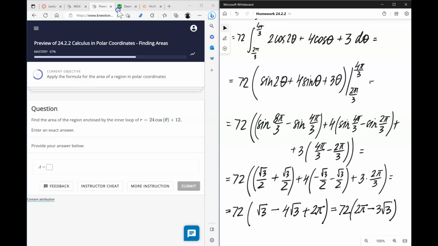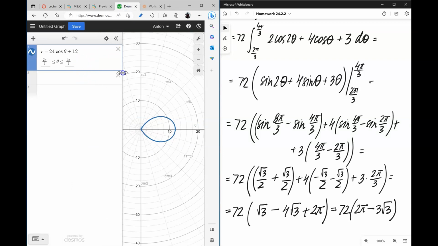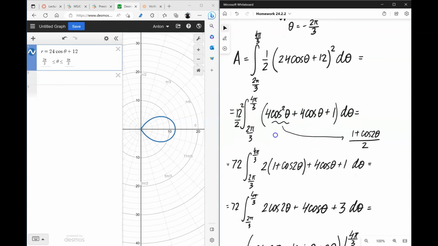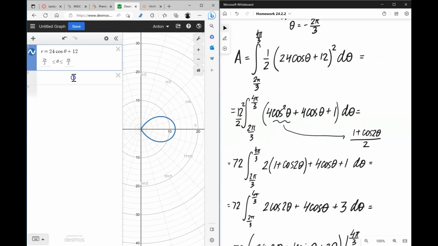And again, I'm not going to risk it. I'm going to just plug it into Desmos to see if that's actually the right answer. So I have the integral from 2 pi over 3 to 4 pi over 3 of 1/2 times something squared d theta.